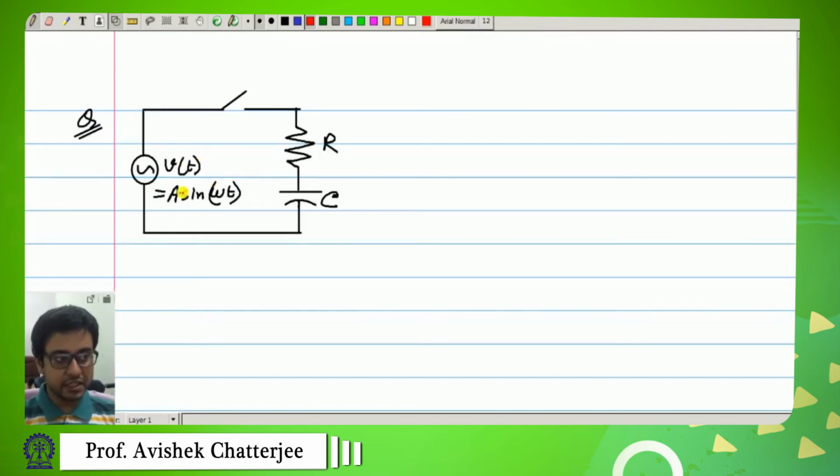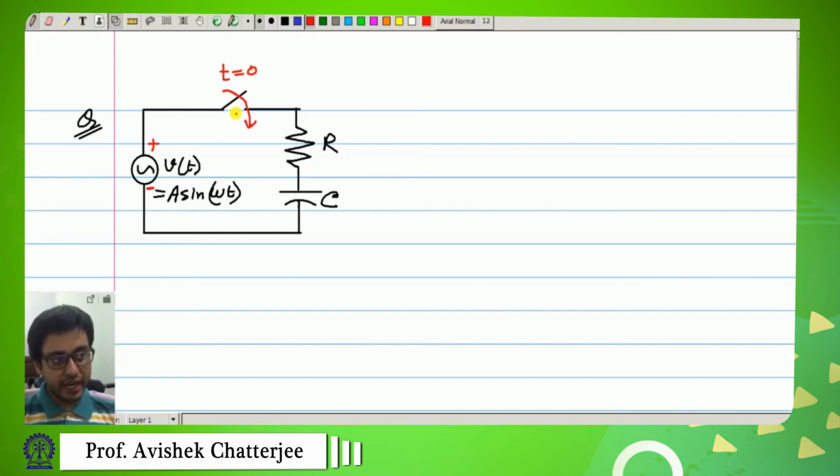Here is another example. We have a resistance and a capacitor connected in series with an AC voltage source whose voltage is given by v(t) equal to A sin(omega t), suppose, with this side positive and this side negative reference. Now say somebody closes this switch at time t equal to 0.